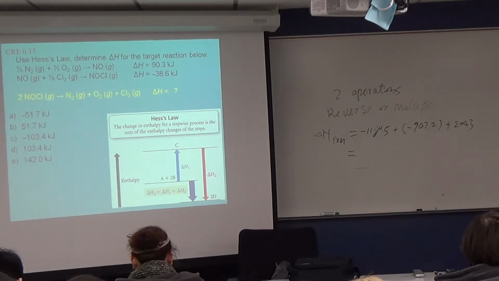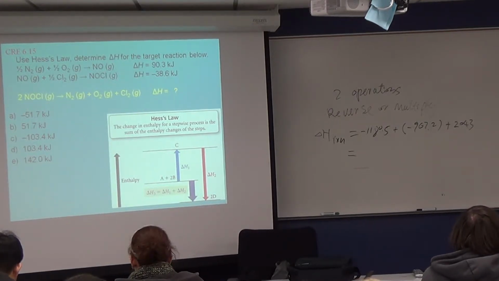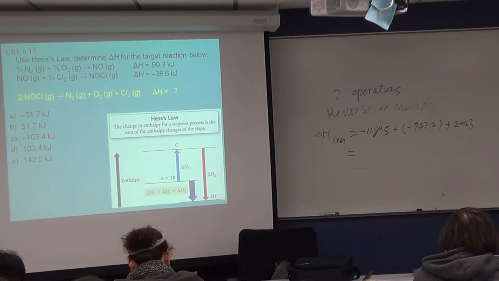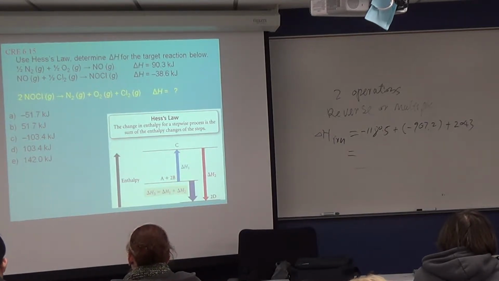What do you think you should do? You get a C? Okay, what do you do to get a C? What do you do to these two equations? We see that the reaction is reversed, so this equation has to be reversed to the left side. And multiply both equations by 2 to cancel out. So then you multiply both equations by 2 and the sign is reversed.